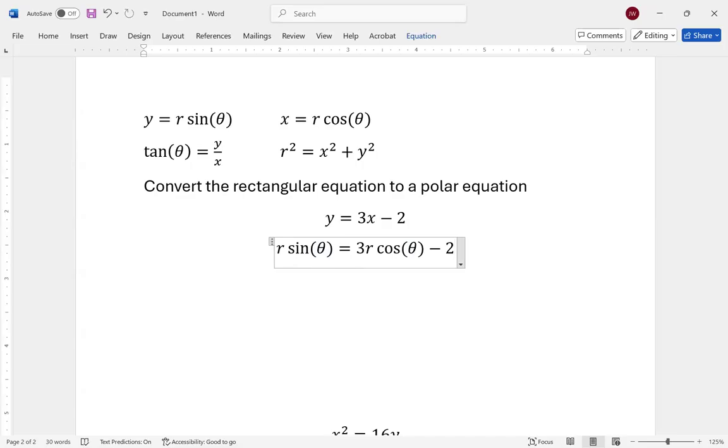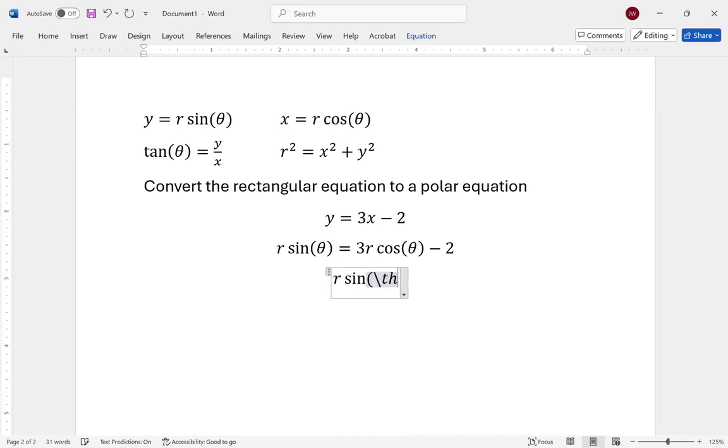Now I have this equation written in terms of r and theta. Usually we solve for r when we can. In this one we can. So I'll go ahead and do that. If I solve for r, the first thing I want to do is subtract 3r cosine theta from both sides.